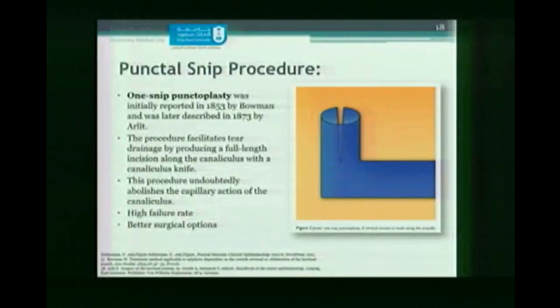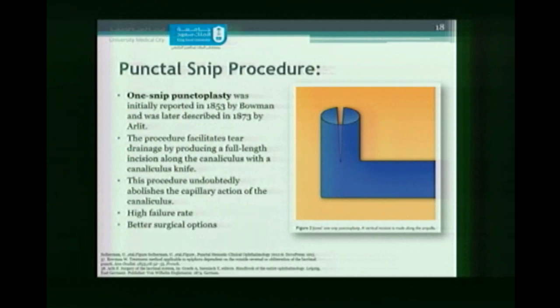Shifting gears to surgical treatment now, the punctal snip procedure is an old procedure, actually very old. It was first used in 1853, and this is the 1-snip procedure, in which a vertical incision is done at the vertical puncti, and that's it.